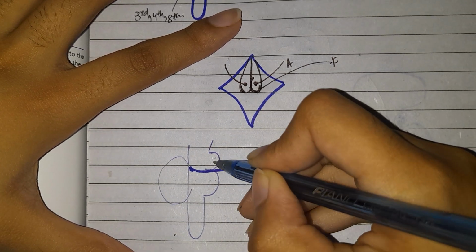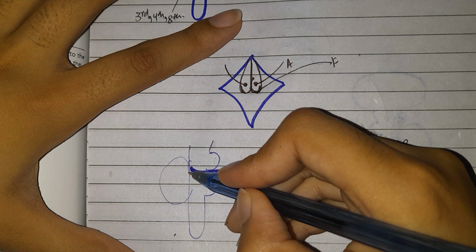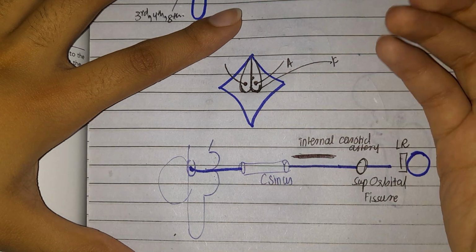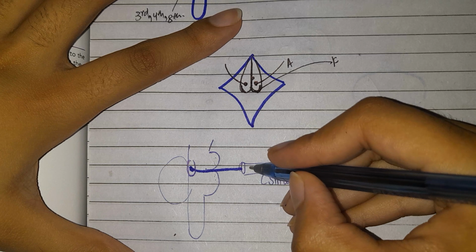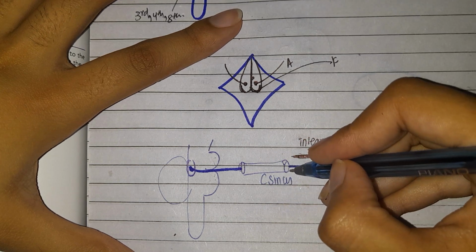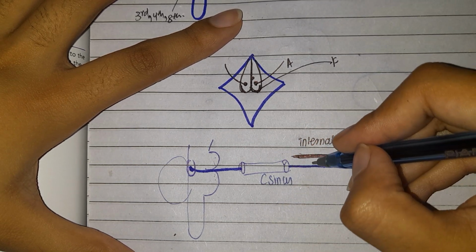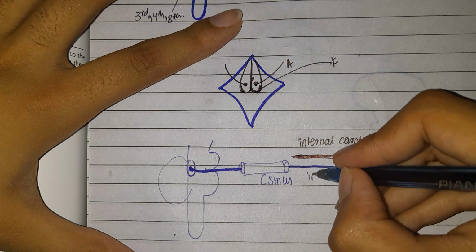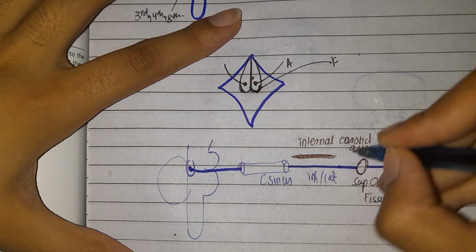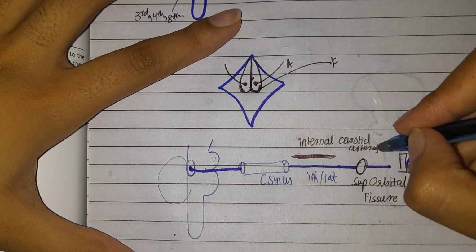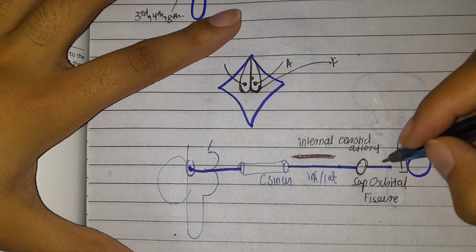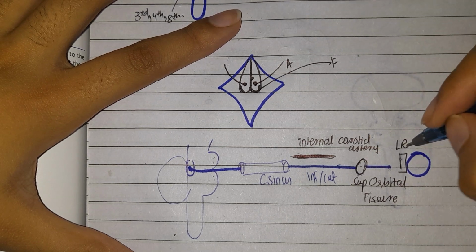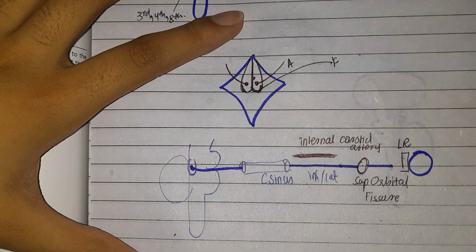The nerve comes from the pontomedullary junction, and the nucleus was located at the level of the facial colliculus. Coming out of the pontomedullary junction, the nerve first moves through the cavernous sinus, then inferior to as well as lateral to the internal carotid artery. Then it moves through the superior orbital fissure to enter the eye region and supplies the lateral rectus muscle of your eye.